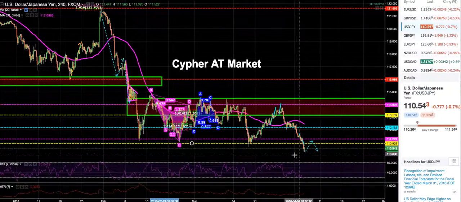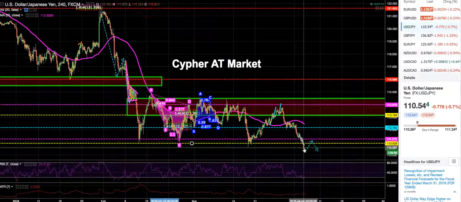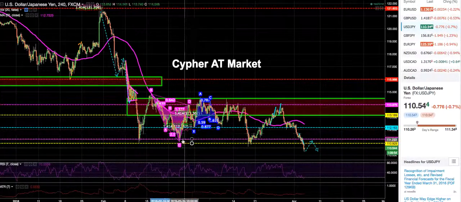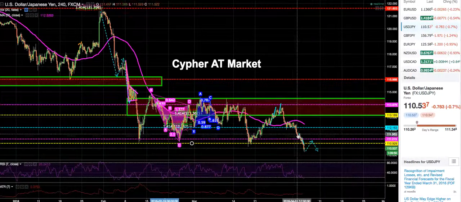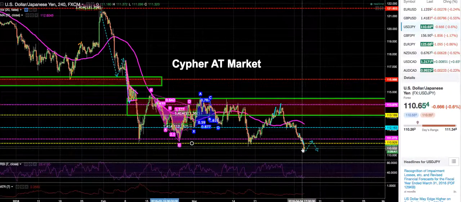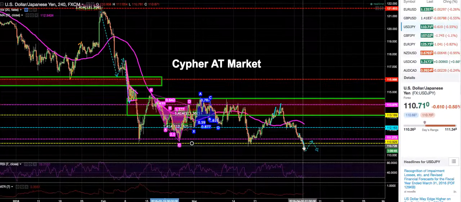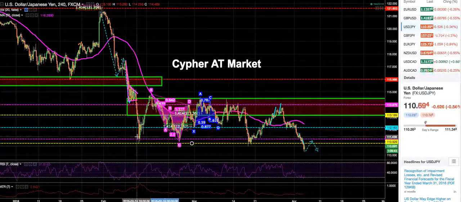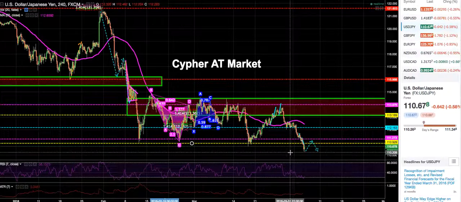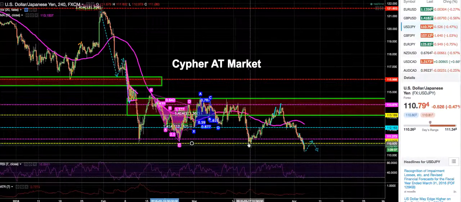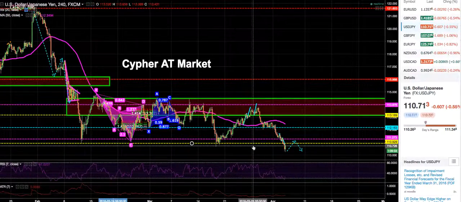As you can see, the market has pushed through 1, 2, 3, 4, and the 5th structure point, or the most recent structure points. I'm just counting the wicks right here, 1 and 2, if you were wondering.